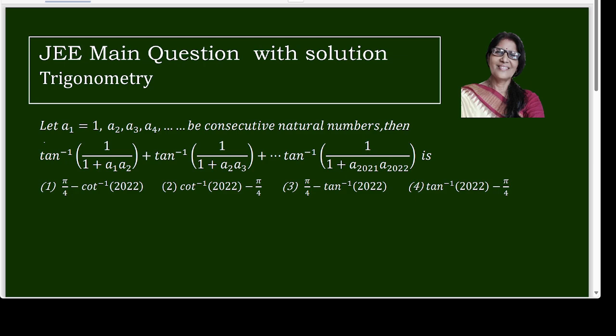Today on the screen you can see a very interesting question from JEE Main. Let a1 equals 1, a2, a3, a4 be consecutive natural numbers.